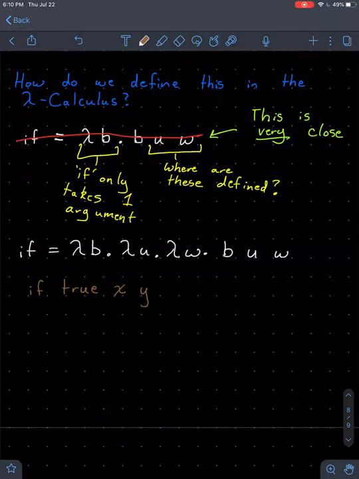So we could replace this with substitution as lambda b dot lambda u dot lambda w dot b u w on true x and y.